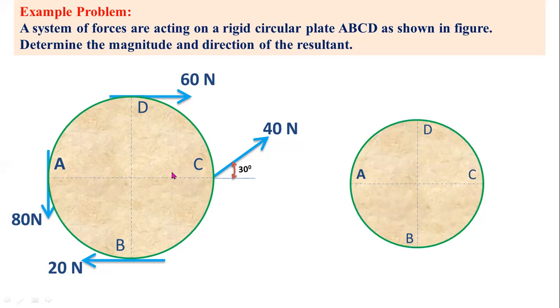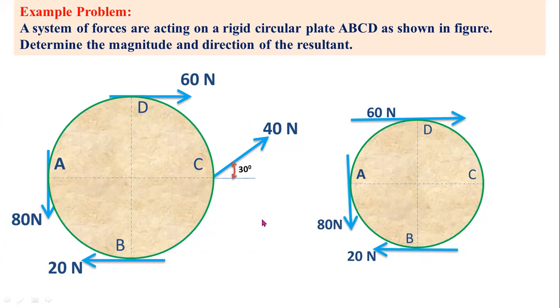First you have to draw this 60 newtons force as it is. And now I am considering this 20 newton force as it is because there is no need to convert horizontal and vertical forces. After that you have to consider this 18 newton vertical force as it is.